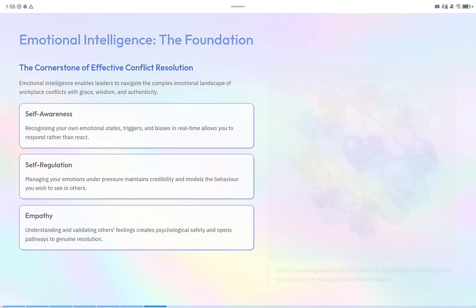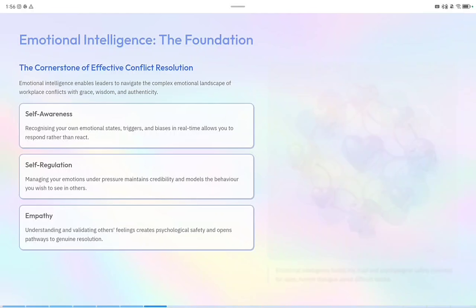Now, how can one become an emotionally intelligent leader? As you can see on these slides, self-awareness, self-regulation, and empathy are the key things one should develop to become emotionally intelligent. Now, what does self-awareness mean?